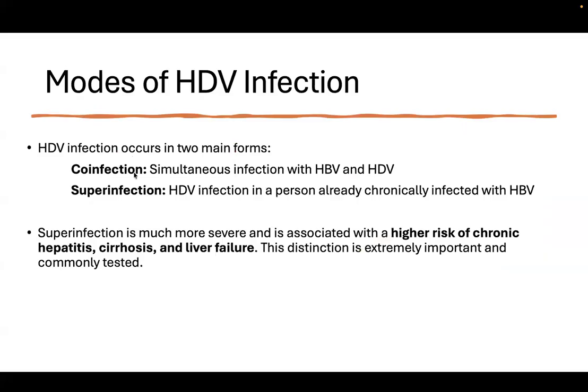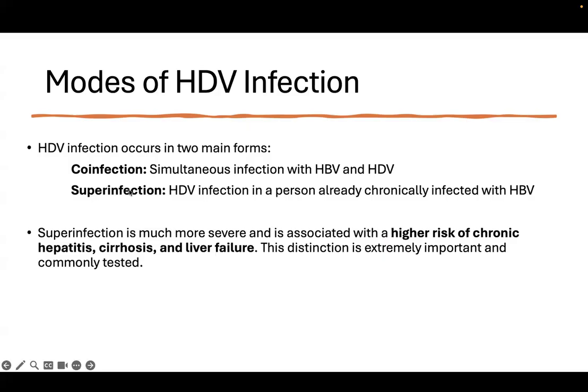This can happen in two ways. Co-infection, meaning you're simultaneously infected with both hepatitis B and hepatitis D viruses, or superinfection, where you are already chronically infected with hepatitis B and then HDV comes later on.